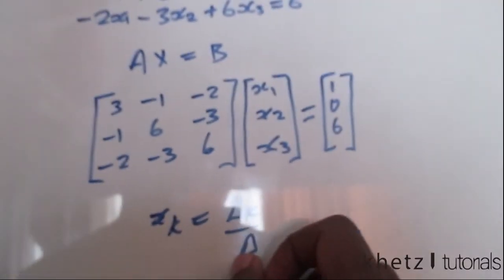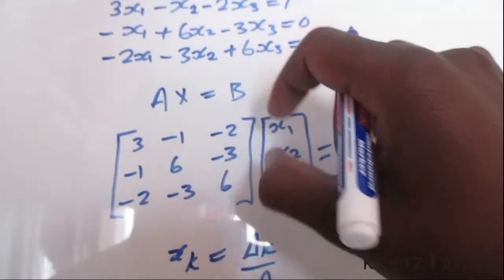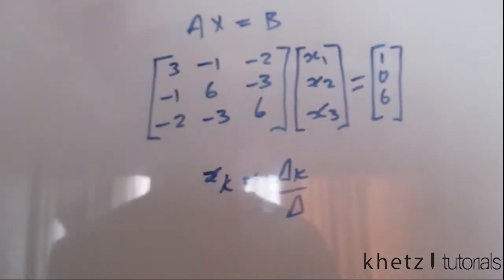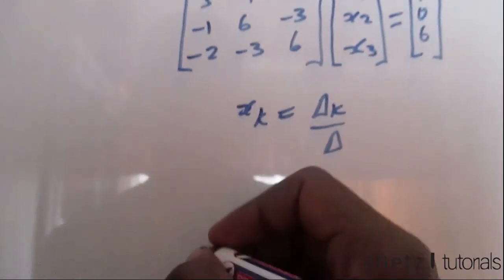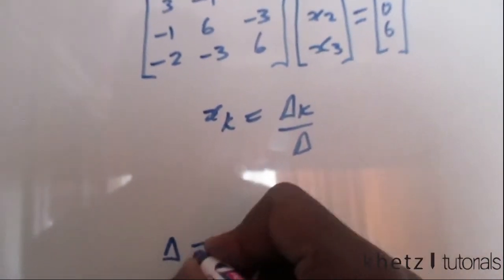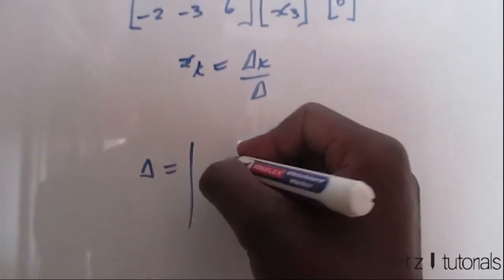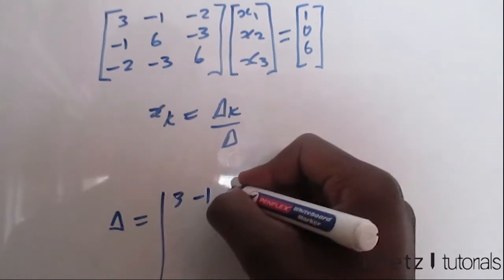Now this determinant at the bottom is basically the determinant of the A matrix as it is, right? So let's continue. First I'm going to find the determinant of the A matrix as it is right now.